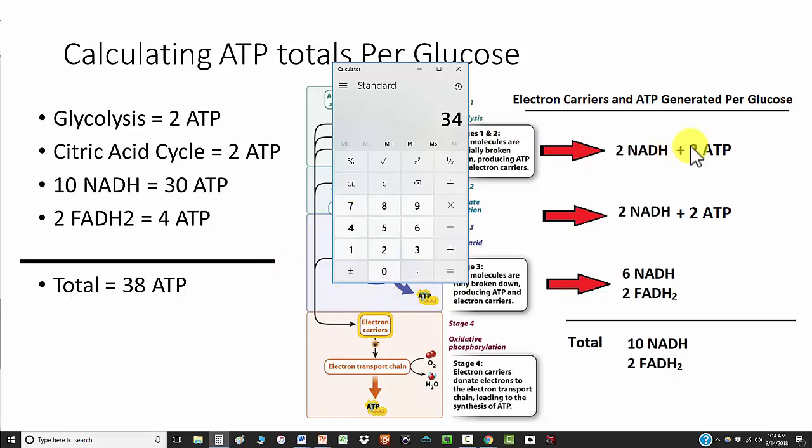If we then add up the 2 ATP generated in glycolysis and the 2 generated in the Krebs cycle, the citric acid cycle, we would add another 4, giving us what's called the maximum theoretical yield of 38 ATP. It's called the maximum theoretical yield because this is the greatest amount you could produce.